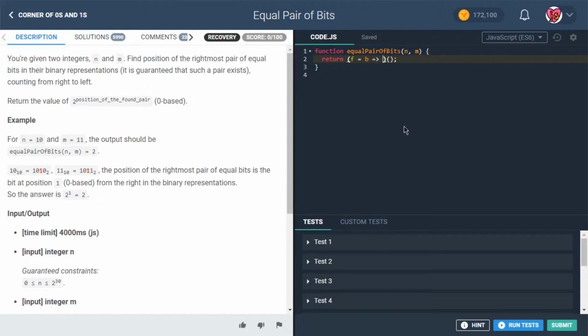Okay, so what do we want to be comparing here? Well, we want to say, is n and, let me put these in parentheses, is n and b going to be equal to m and b? Are they equal?